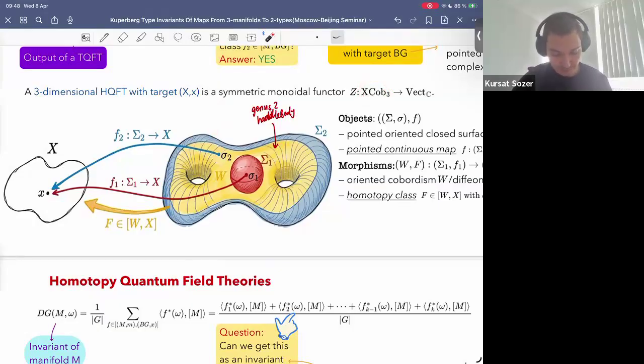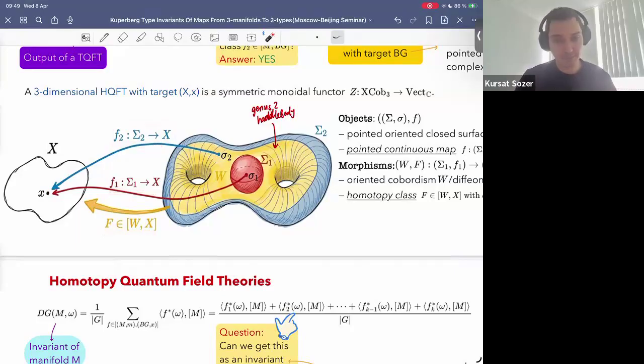On the boundary surface sigma 1, we have a continuous map from sigma 1 to X, which takes the base point of the boundary to the base point of X. On the other boundary, sigma 2, a genus 2 surface, it has a base point, and we equip it with a continuous map which takes this base point to the base point of X. And on the whole three-dimensional cobordism, we equip a homotopy class of maps which extends these two.